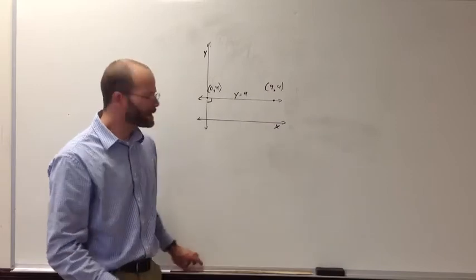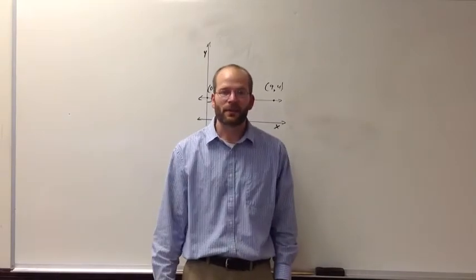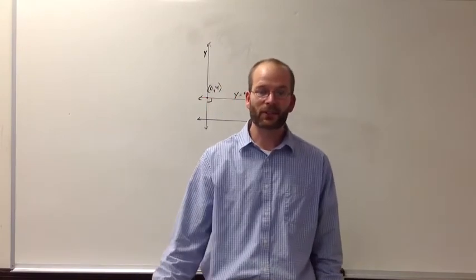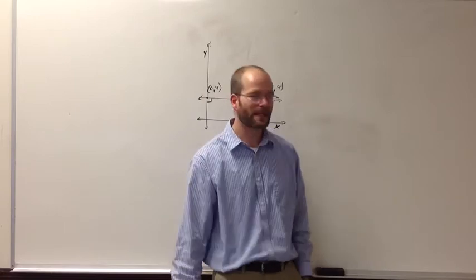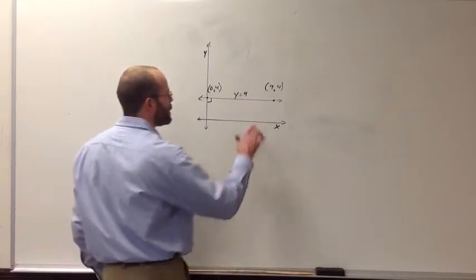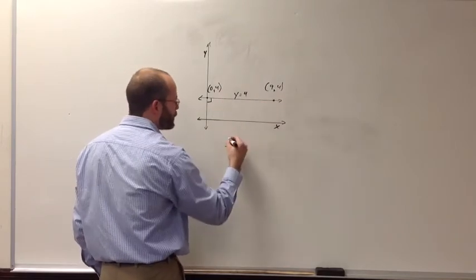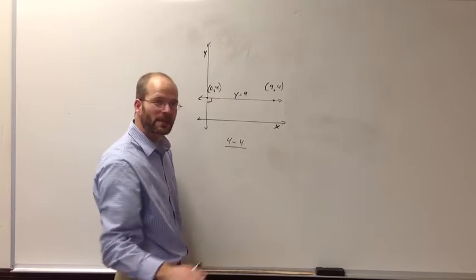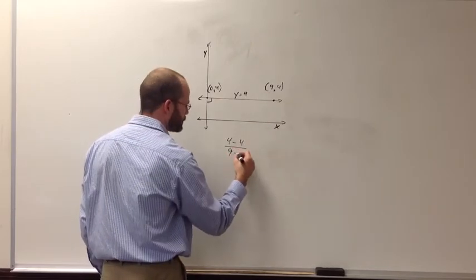We could ask the question, what is the slope of this line? We know how to calculate slope. It's rise over run, delta y over delta x, y2 minus y1 divided by x2 minus x1, however you want to think about it. Let's run the numbers and see what we get. When we build the fraction, we have 4 minus 4. I could probably stop right there. But let's just finish it out. 9 minus 0.